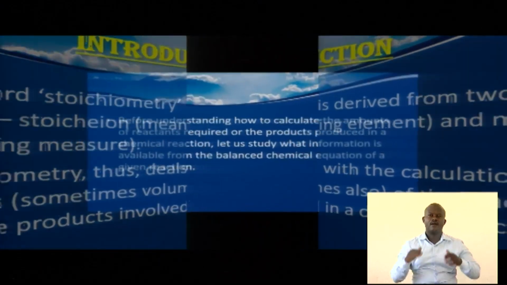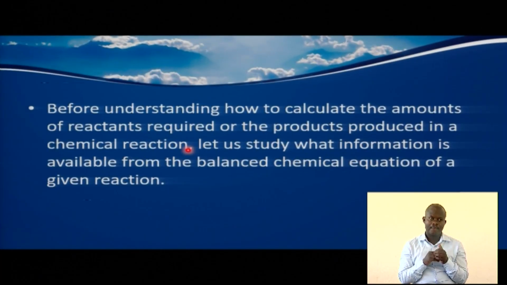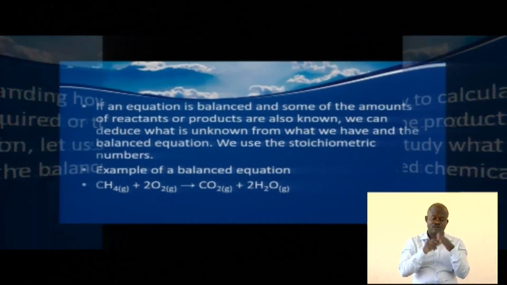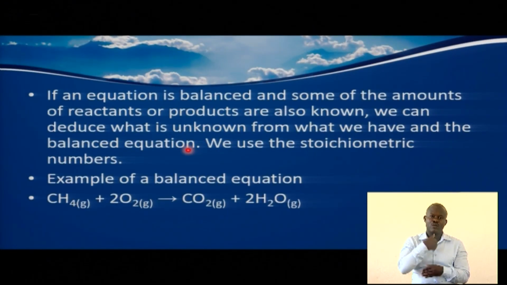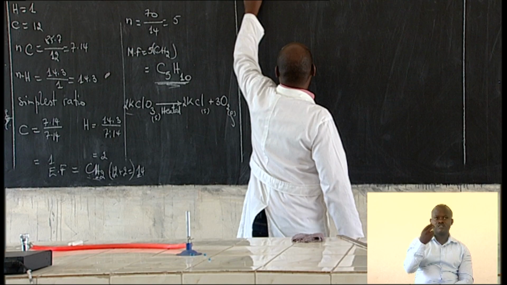And here it is said, before understanding how to calculate the amounts of reactants required or the products formed in a chemical reaction, let us study what information is available from the balanced chemical equation of a given reaction. So here we use this chemical equation. We have CH4, this is methane gas.